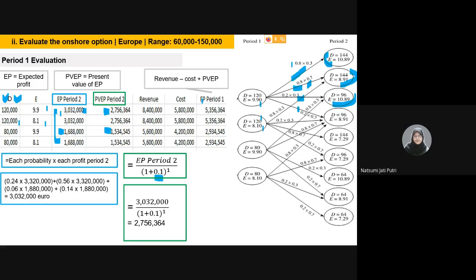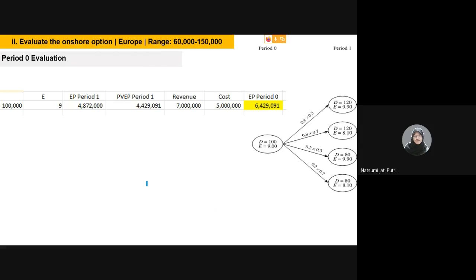And for the EP for period 1 or the profit in period 1, just revenue minus cost plus the PVEP, and we get this number. And then for the last evaluation for Europe, which is period 0 evaluation, in period 0 there is only one node, so just move it here.